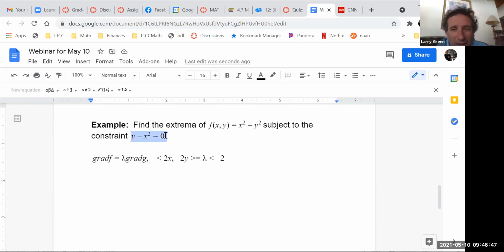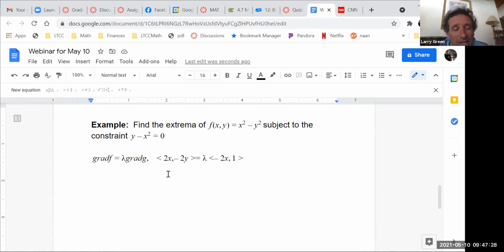Yeah, it's negative 2x comma 1. Any questions on that? Okay, so that gives us how many equations, how many unknowns? Yeah, it gives you 3 equations, 3 unknowns.